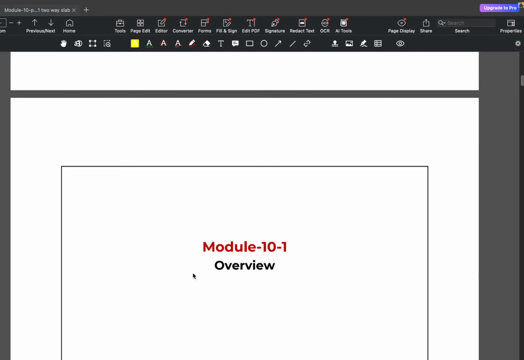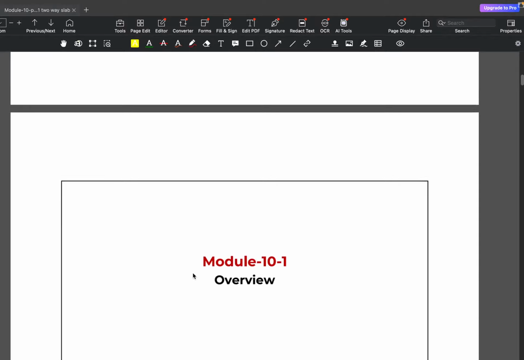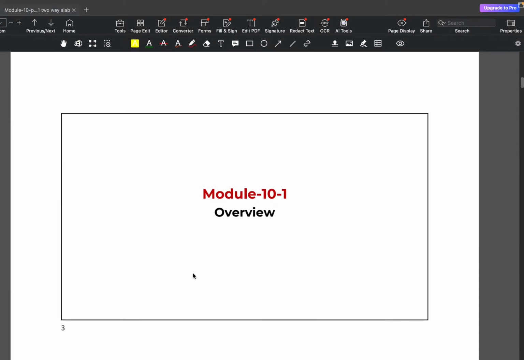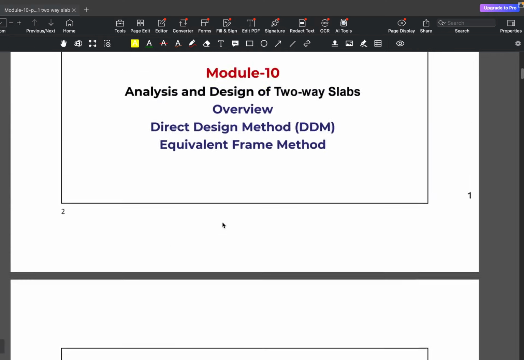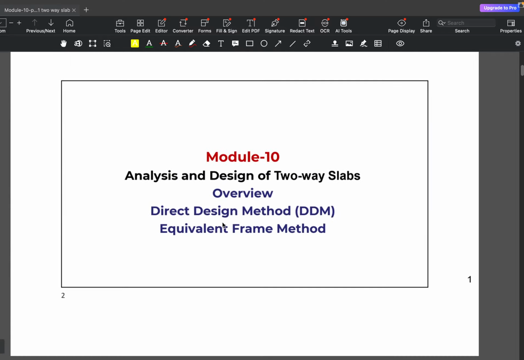We have studied the analysis and design of two-way slabs. In the first part, module 10, we looked into the overview and the flexural behavior of the slabs, in module 10.2 we looked into the direct design method, and in module 10.3 we looked into the equivalent frame method.